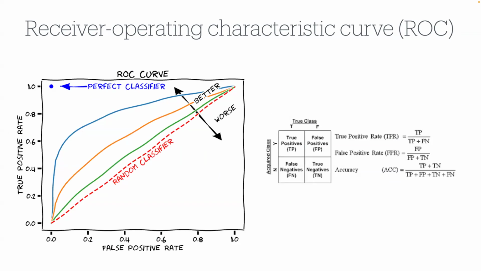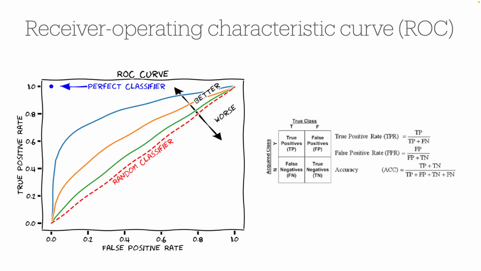and the false positive rate. A good classifier should be very close to 1. So the curve should be something like this, because you want the true positive rate to be very high, while the false positive rate to be very, very low, right?